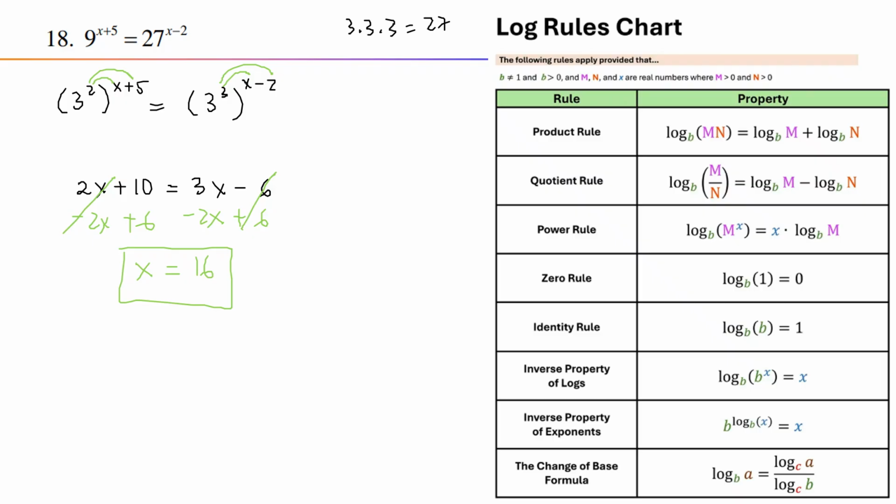Alright, so the key in this type of problem is you should know your multiplication chart. You should know your square chart, like from 1 to 20. Okay, multiplication chart from 1 to 12.